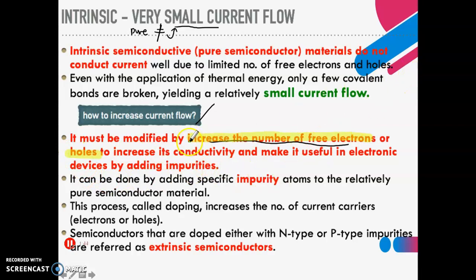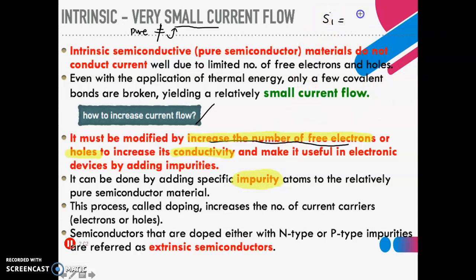Why do we need to increase the number of free electrons? Because you want more current, meaning you want the semiconductor to be more conductive. So how can we do that? You're going to add a specific impurity. What does it mean by impurity? Let's say the pure one is silicon.